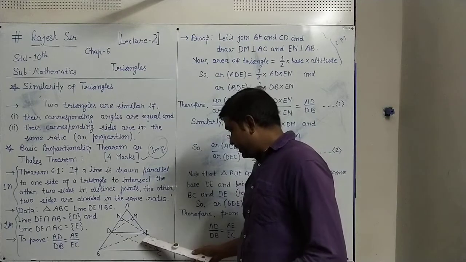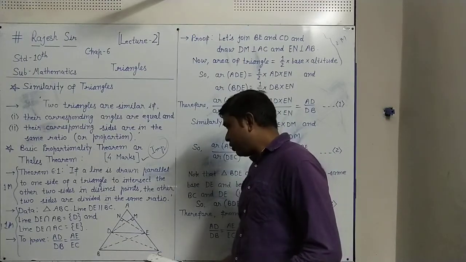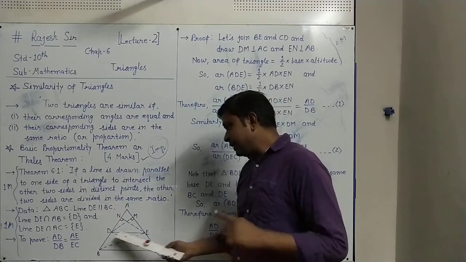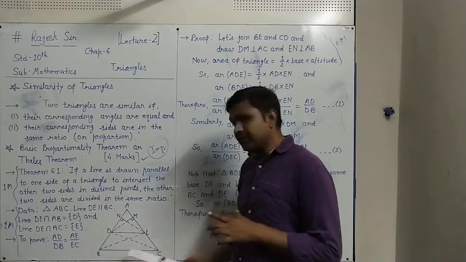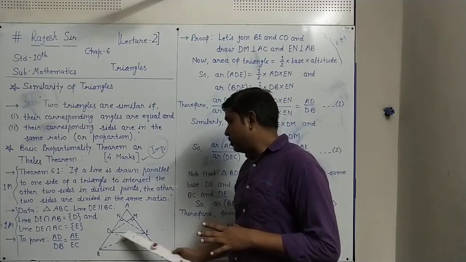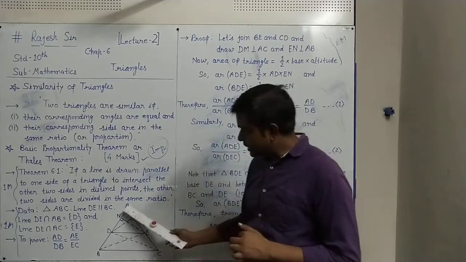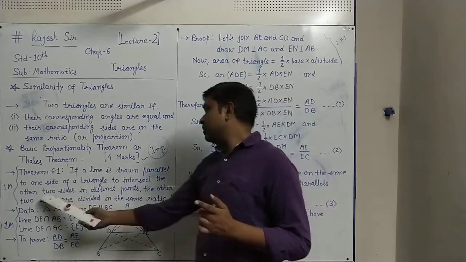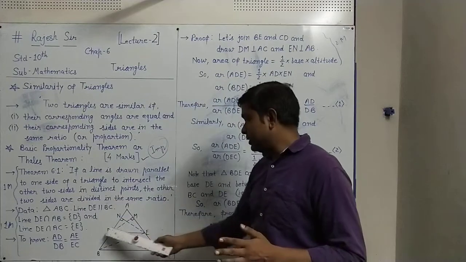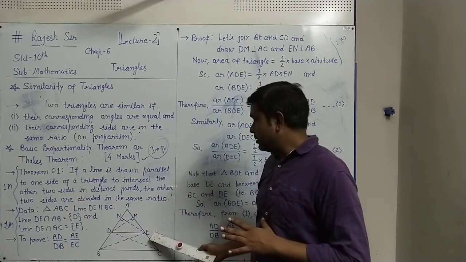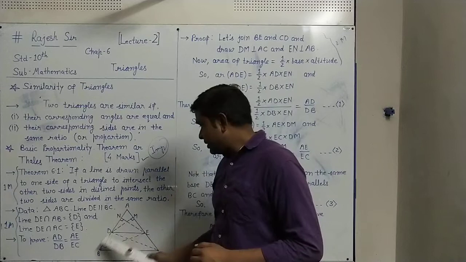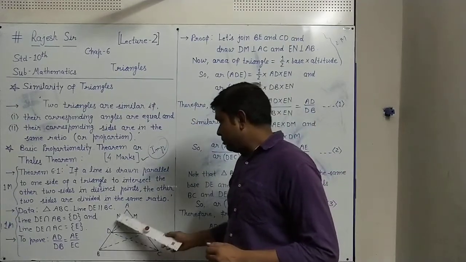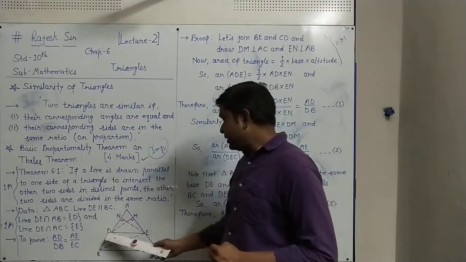Here the line DE is drawn parallel to BC, one side of triangle ABC, and this line DE intersects the other 2 sides in 2 distinct points D and E. The other 2 sides, AB and AC, which are not parallel, are divided by these 2 points.